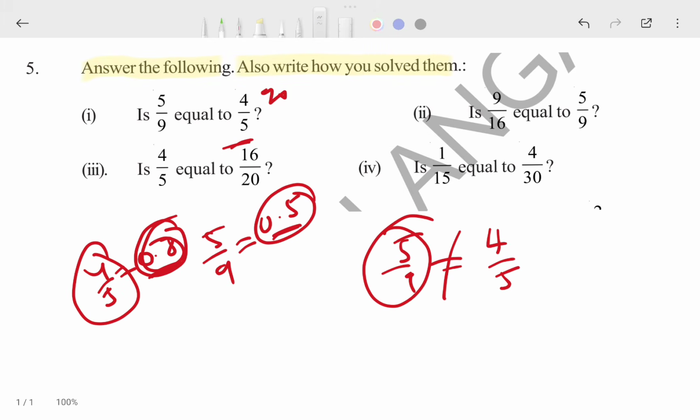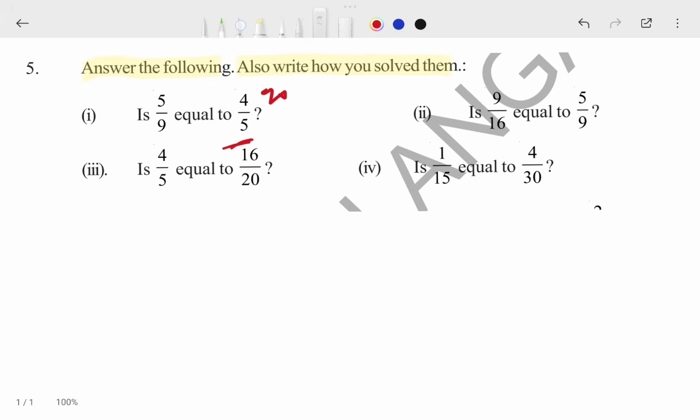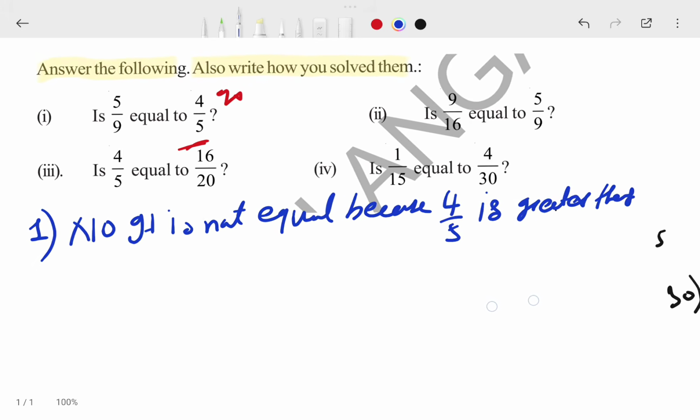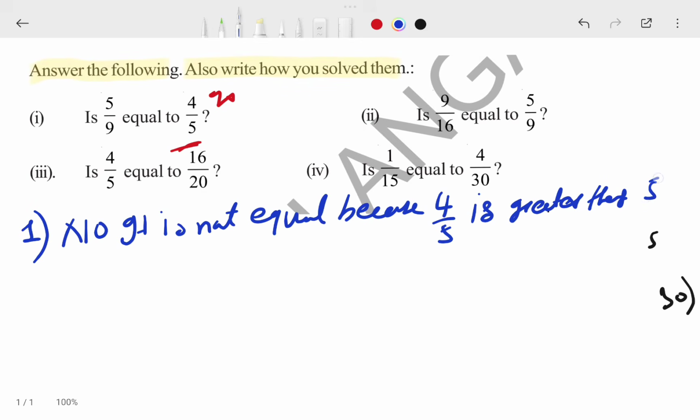Okay, so for the reason, we have to write a reason. For the first question, the answer we will write is: no, this is not equal, because 4 by 5 is greater than 5 by 9.